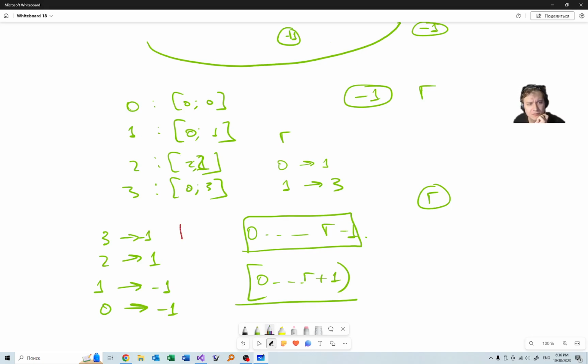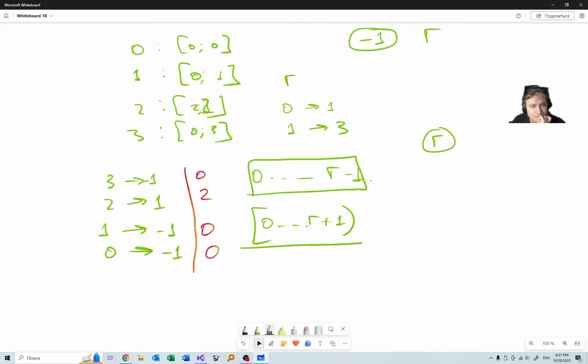So let's add 1 to all these numbers. I think we just subtract the smallest power of 2 in this number.